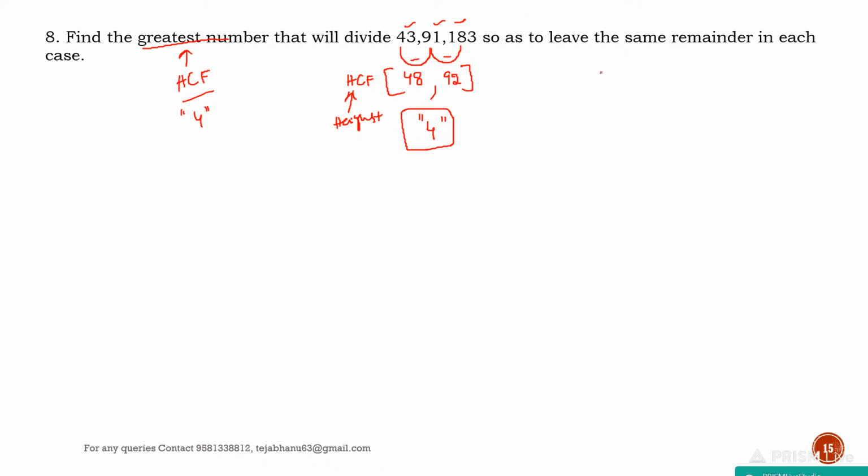Just we verified: 43 by 4, the remainder is 3. 91 by 4, the remainder is 3. 183 by 4, the remainder is 3. So the remainder is the same if you divide the given numbers by 4. I hope it's clear.